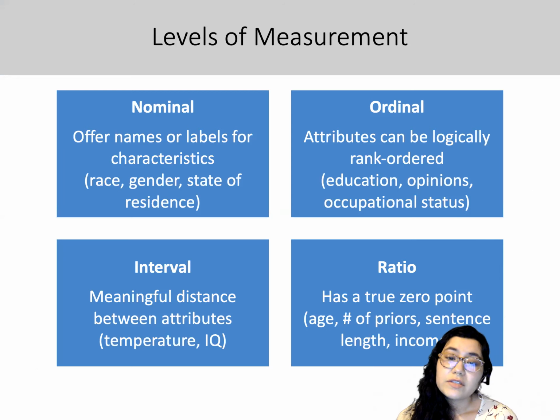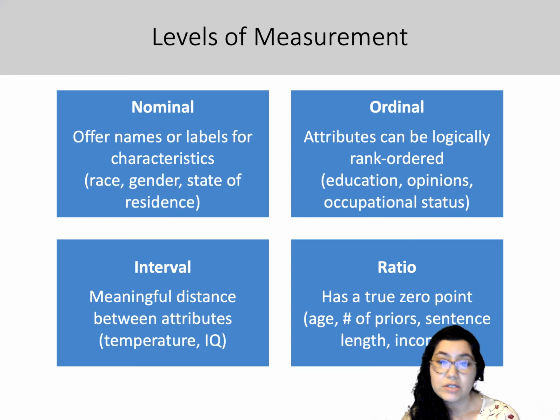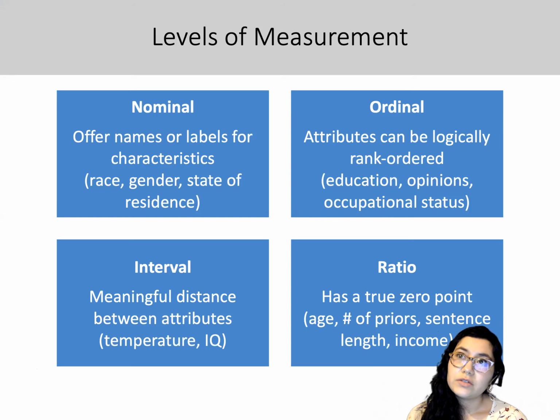So levels of measurement. There's nominal, ordinal, interval, and ratio. So nominal is things that don't have any particular organization in how they're categorized. So gender, state of residence, race, there's not any type of hierarchy that exists in those spaces. Whereas ordinal is things that do have an organized way in which they are.